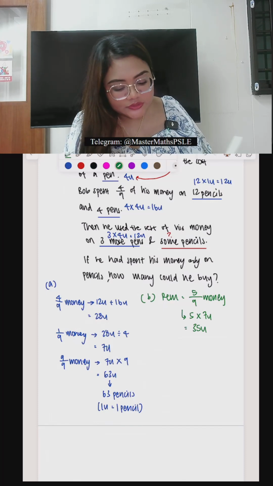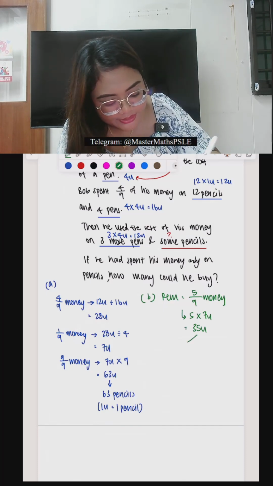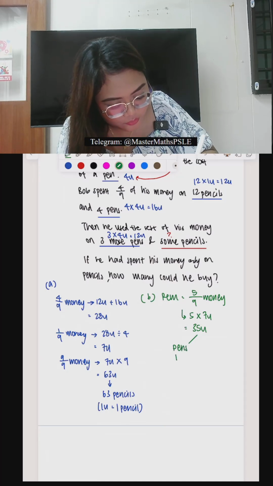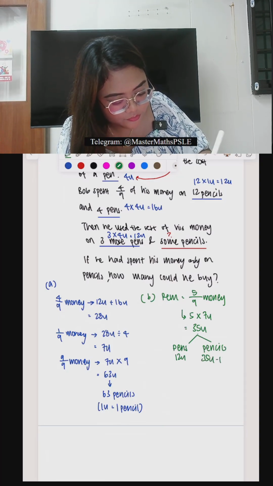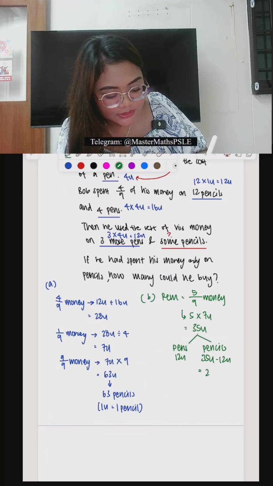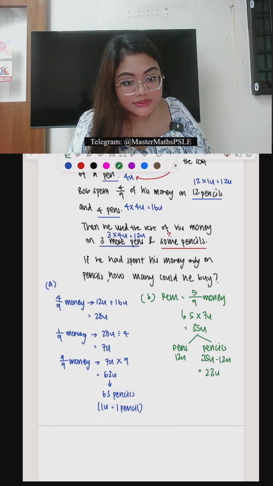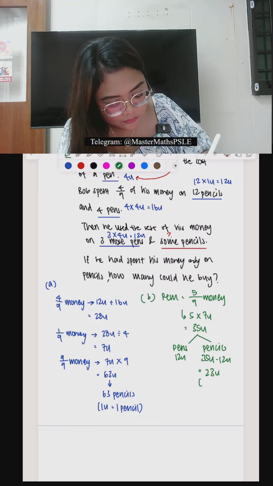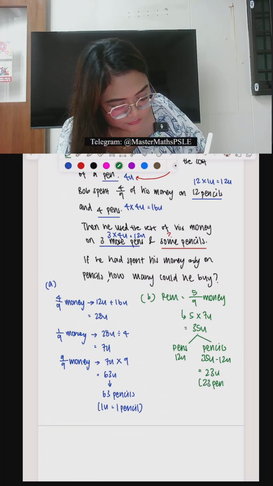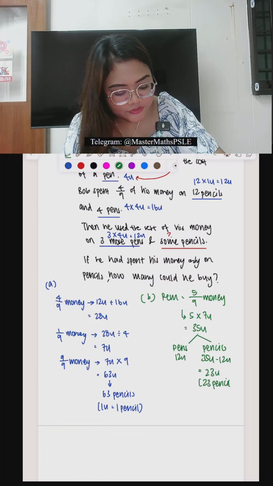Okay, so 35 units, pens already 12 units. So pencils must be 35U minus 12U to give us 23 units, which means 23 pencils. Okay, so now I know 23 pencils.